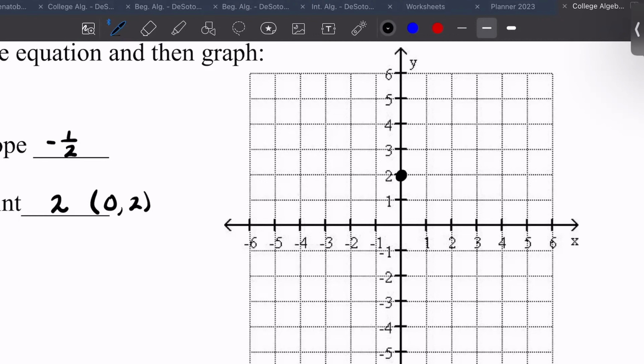So we could go down 1 and over 2 and plot there, or we could go up 1, which is positive, and over 2, which is negative. Either one is fine. They will be on the same line.